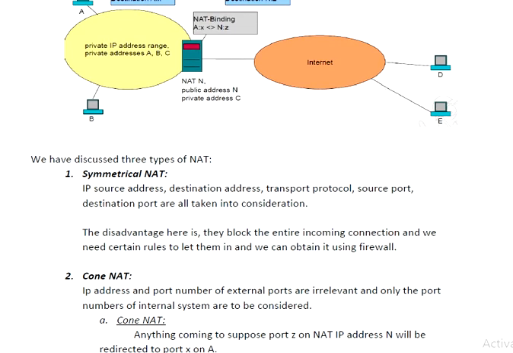If you have D, E, or F, any machines from any port sending to NZ, that will be transferred to your AX port. So it is also called full cone.